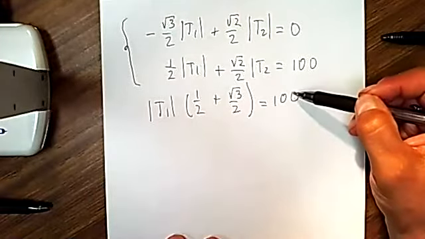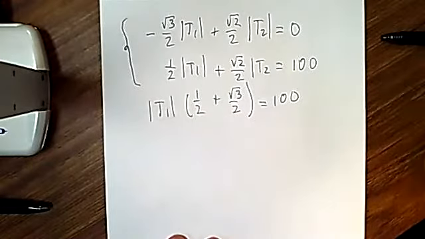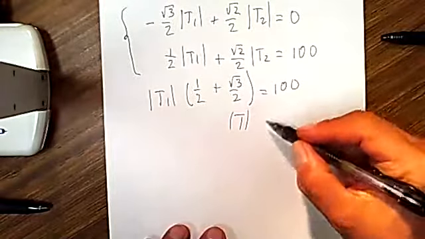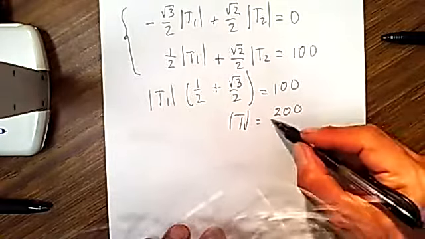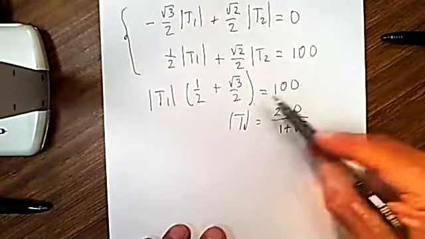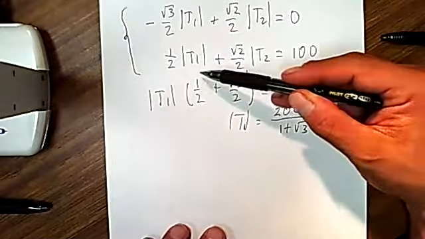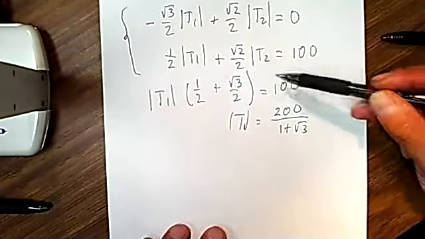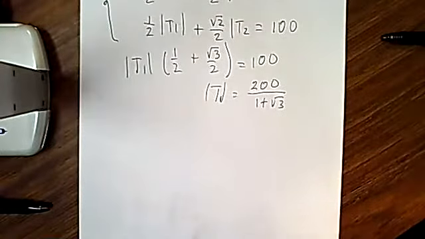So we can multiply by 2 to have 200, and then we can divide by the quantity of 1 plus the square root of 3. So the magnitude of T1 is equal to 200 divided by 1 plus the square root of 3. Again, we multiply by 2 to get rid of the 2's here, and then we divide, and we get the magnitude of T1.